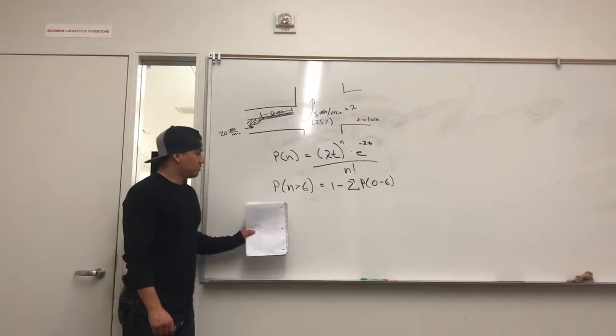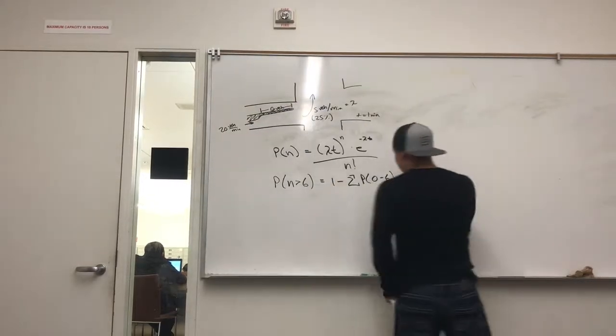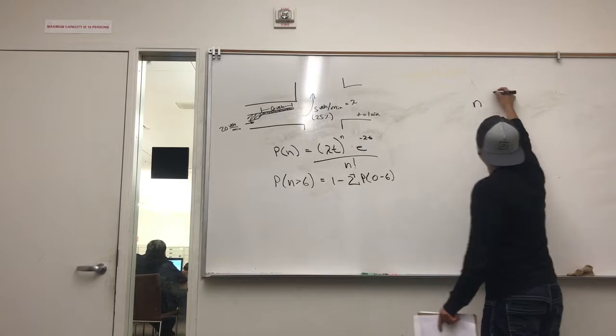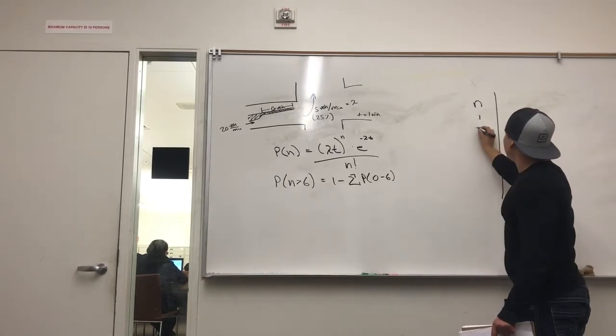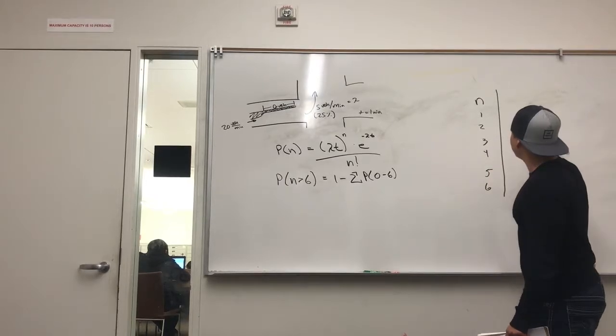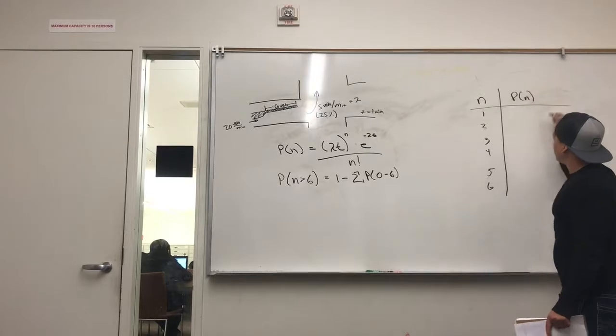So to get the probability, we make a chart of number of n's from 0 to 6. So you get your n, 0, 1, 2, 3, 4, 5, 6. Get your P of n.